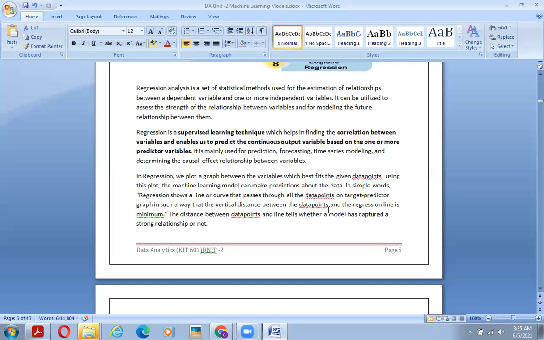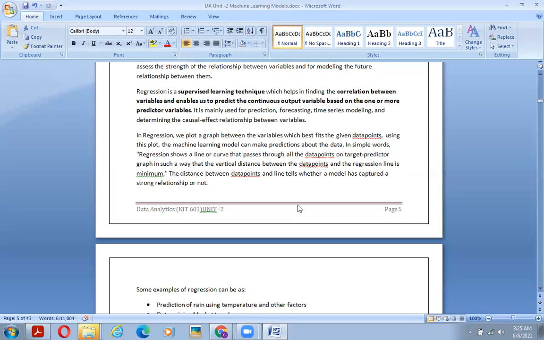Okay. So what do we really do in regression modeling? In regression, in general, we plot a graph between variables which best fits the given data points. Those data points will be predictors, and we will predict some continuous output, and the machine learning model can make predictions about the data.